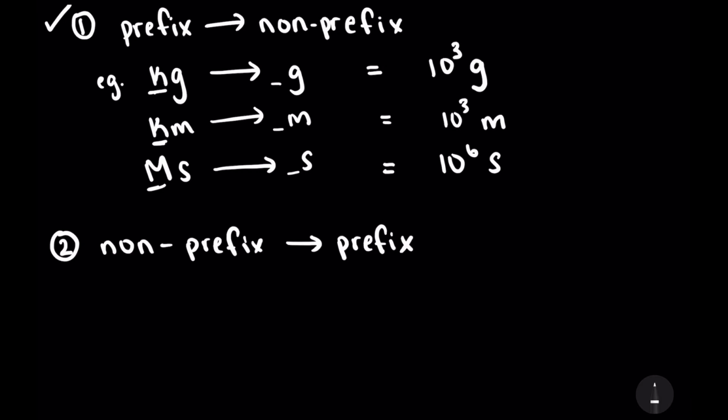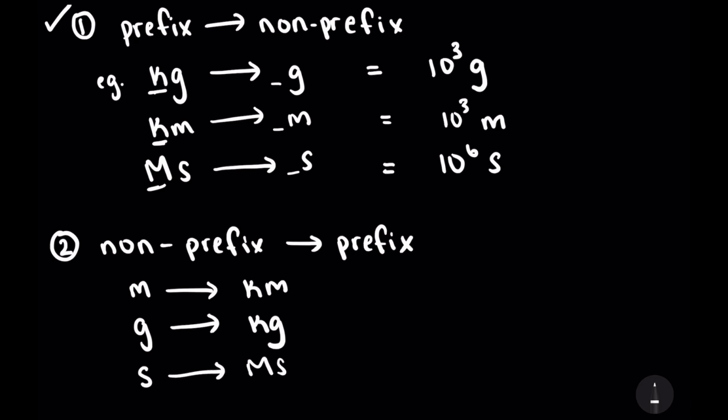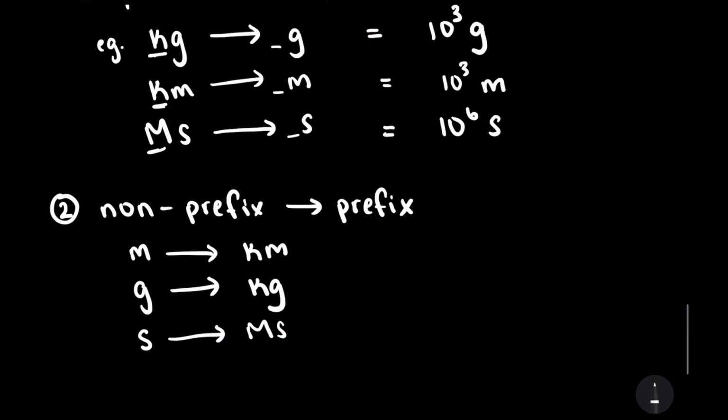So let's say, for example, we want to go from a meter to a kilometer, or from a gram to a kilogram, or, like we have up there, from a second to a megasecond. In these cases it's a little bit more tricky, because we don't have our prefix in front to simply multiply and give us the representation that we want.